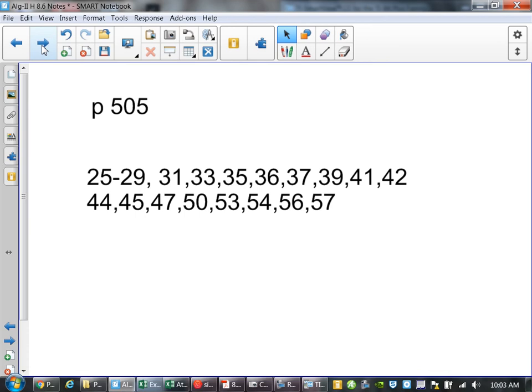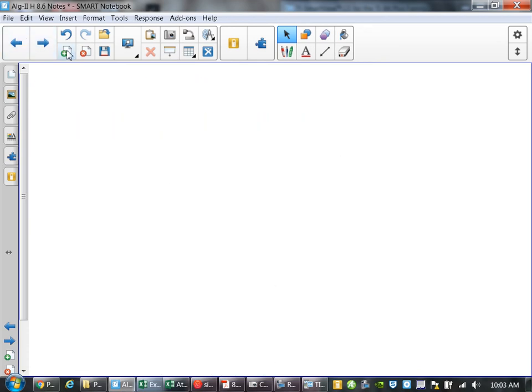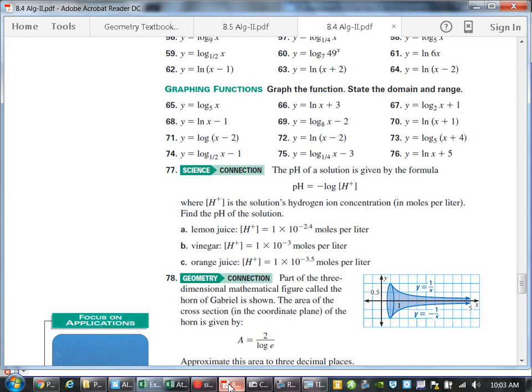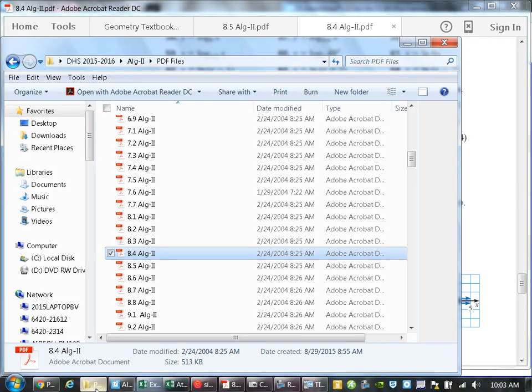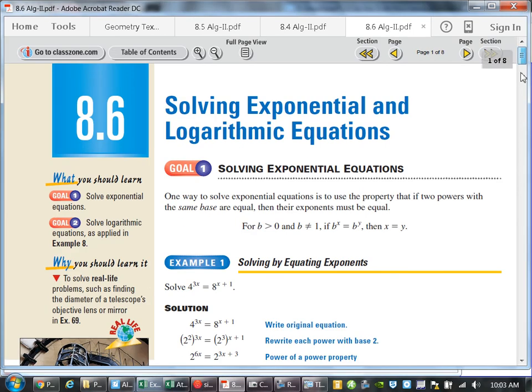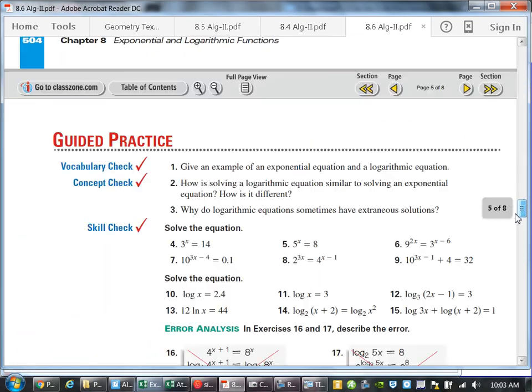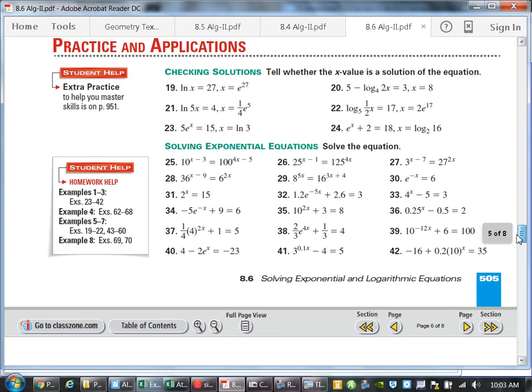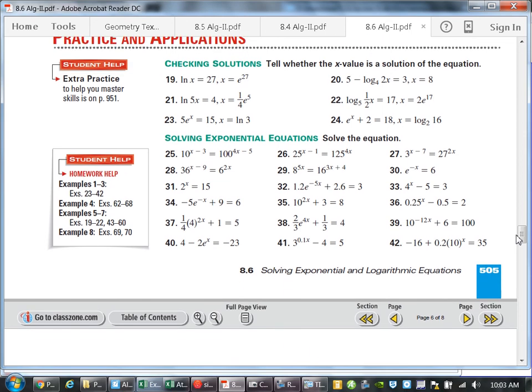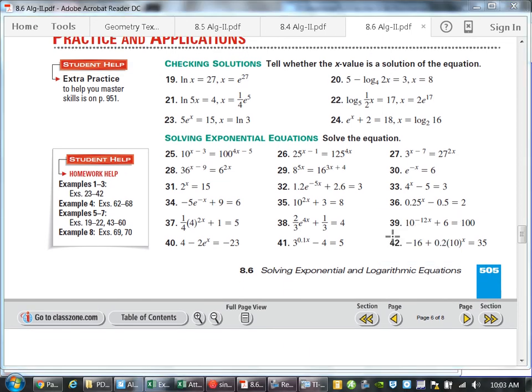No. We can do natural log stuff too. I didn't even think about that. We haven't done a natural log problem yet. Why am I skipping this? We don't like natural. What do you call it? I don't remember.